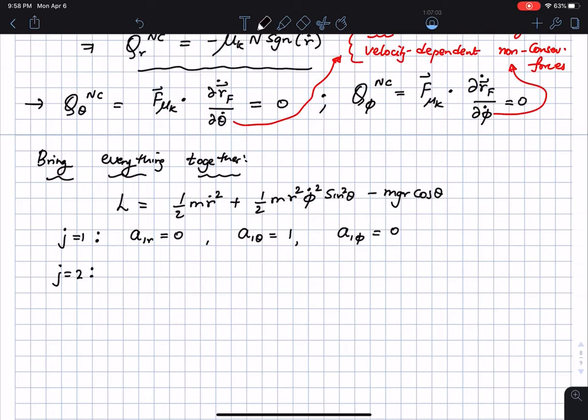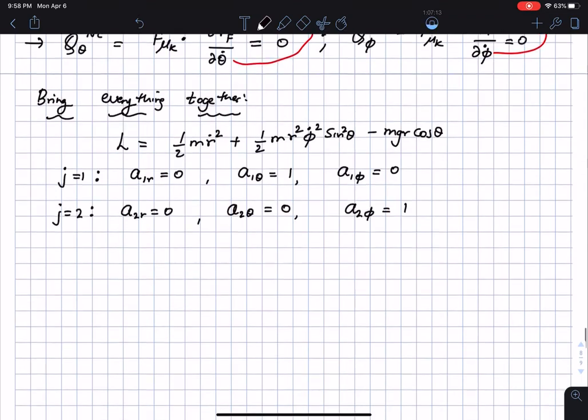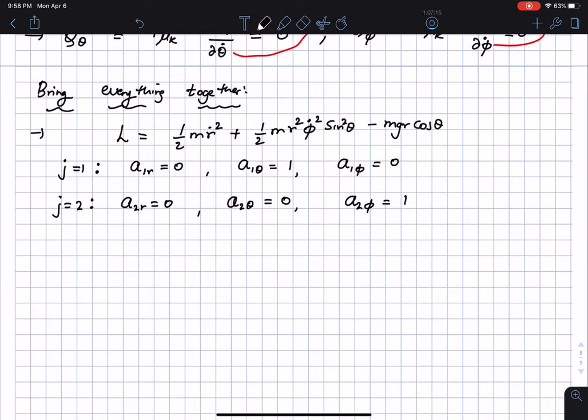For j is equal to 2, a2r is 0, a2 theta is 0, and a2 phi is 1. That's something that we found out. And the third thing is QRNC is minus mu k times n times sine of r dot. Then Q theta NC is 0, Q phi NC is 0.